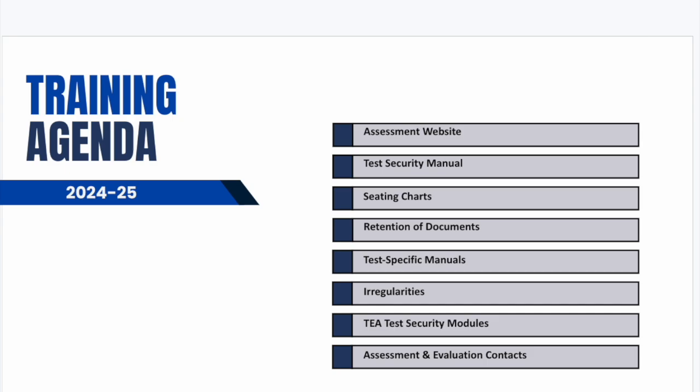Today we will briefly discuss how, 1, to access the testing website, 2, how to access the test security manual, 3, the importance of completing all seating charts, 4, expectations as it relates to the retention of documents for training, 6, the review of test-specific manuals, 7, what are irregularities and the different types, 8, the test security modules that all of you have been assigned and received an email, and then 9, who to contact regarding all assessments and evaluations.